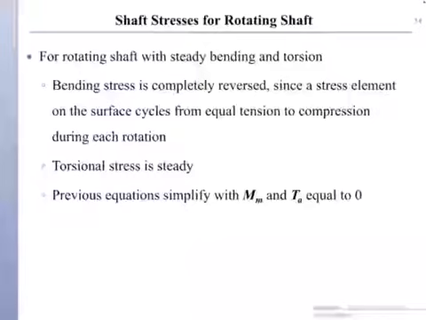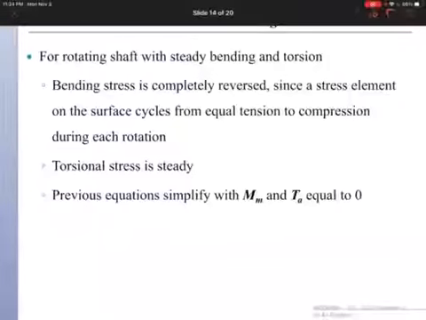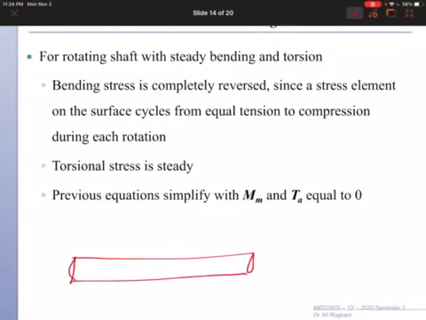Torque is fixed, but bending moment is completely reversed. If this is a shaft and there is bending force here and shear, usually this torque is fixed. So torque is mid-range. There is no increase and decrease.